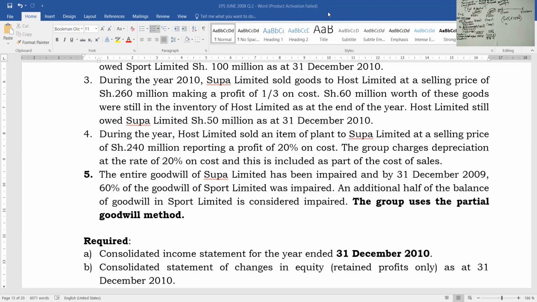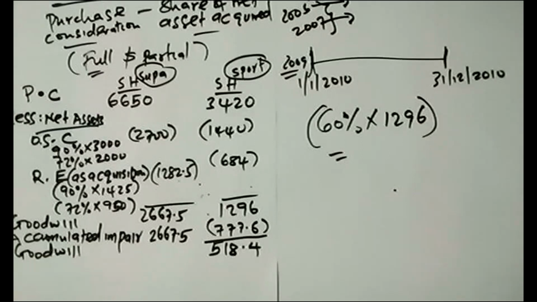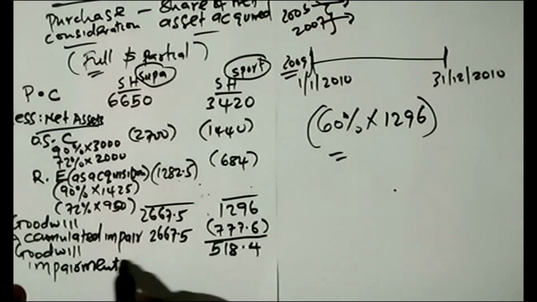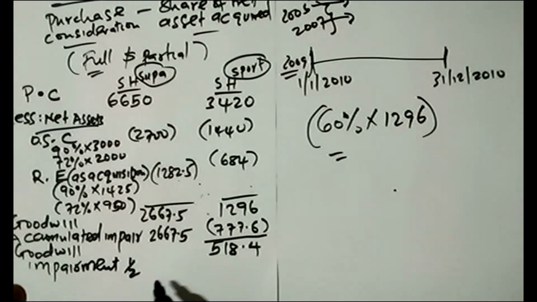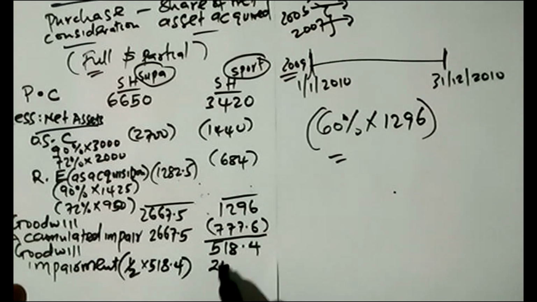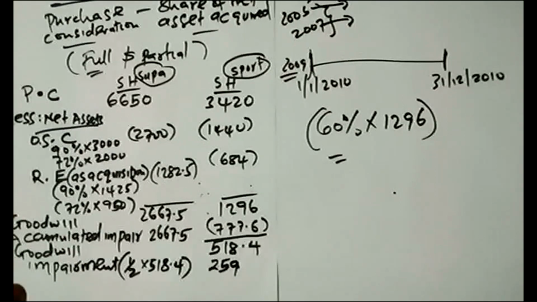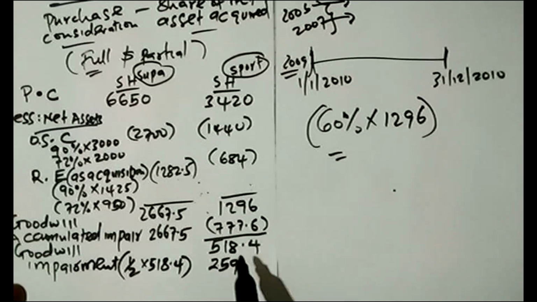So 60%, not 60%, a half of 518.4. So half of this is 259.2. So this is now the impairment for the current year. Half of 518.4 is 259.2.